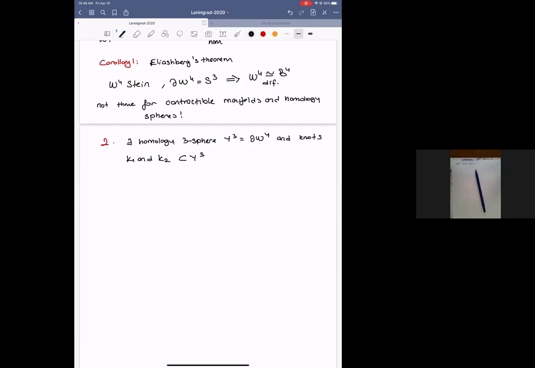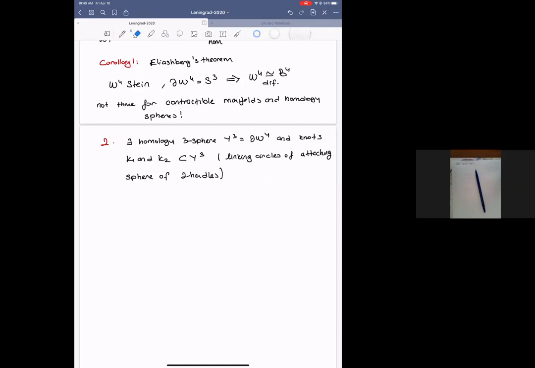These are the linking circles of the attaching spheres of two-handles. If you're attaching your two-handle, where you draw a knot as the attaching circle, when I say linking circle, I'm talking about that piece.